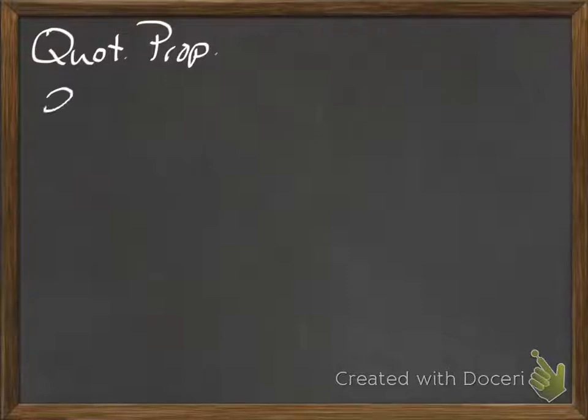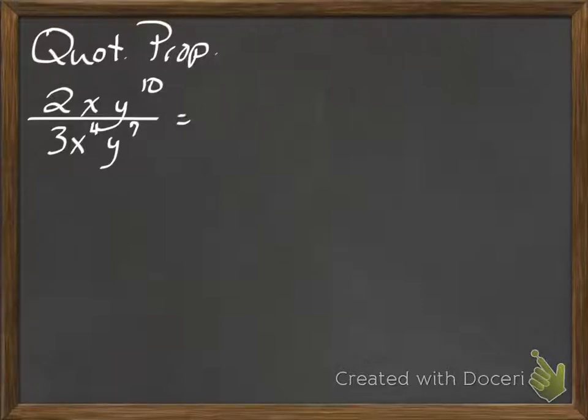So if I have 2x to the 1st, y to the 10th, divided by 3x to the 4th, y to the 7th, I'm again going to expand it out there as a shortcut.